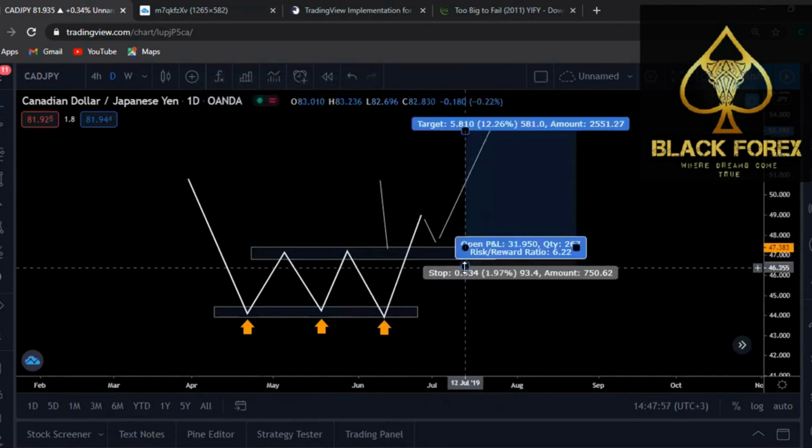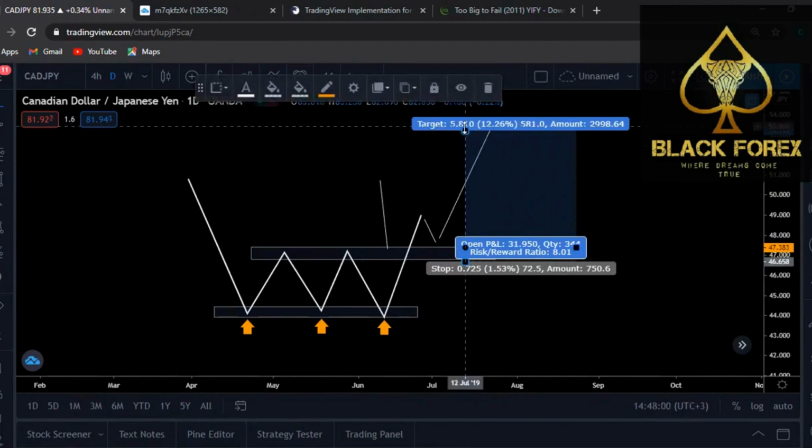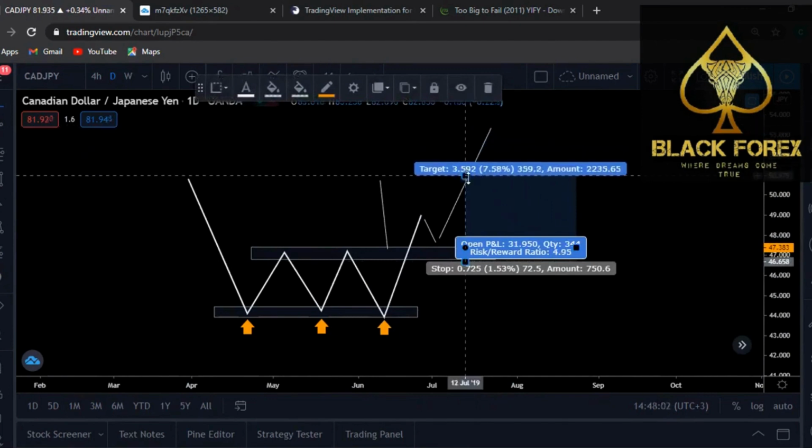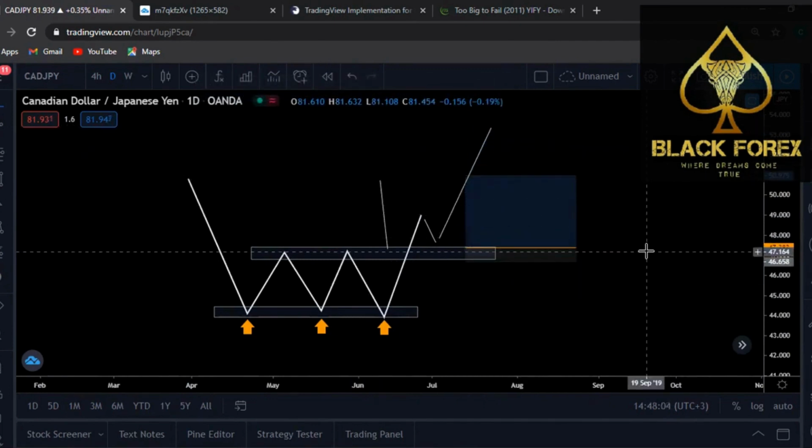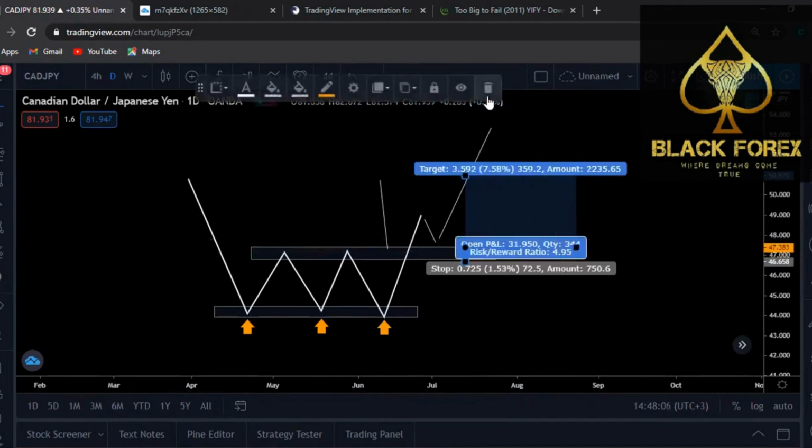Now, therefore, depending on your entry signal or your entry position will determine actually what the risk to reward ratio will be, right?